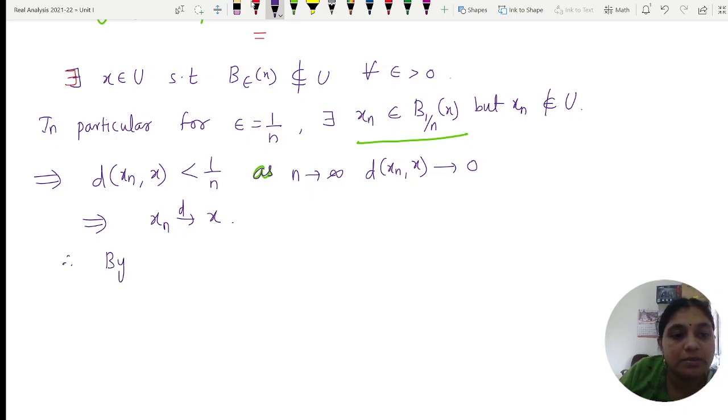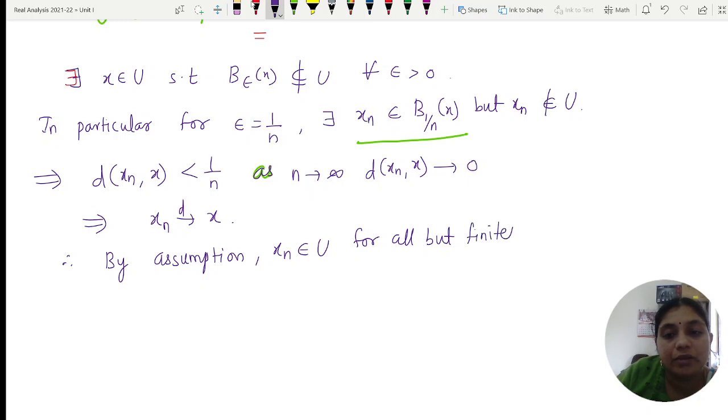Therefore, by assumption, where is x? X belongs to U, and xn are elements in this ball, which is contained in M. Xn converges to x in U. So by assumption, what should I have? Xn belongs to U for all but finitely many. Right?